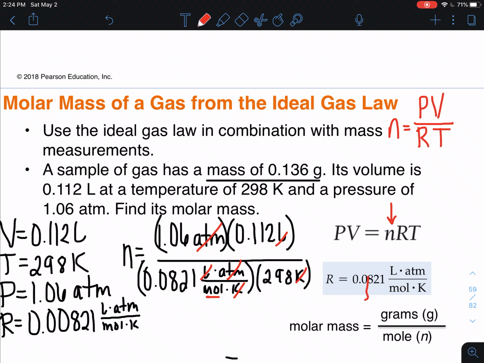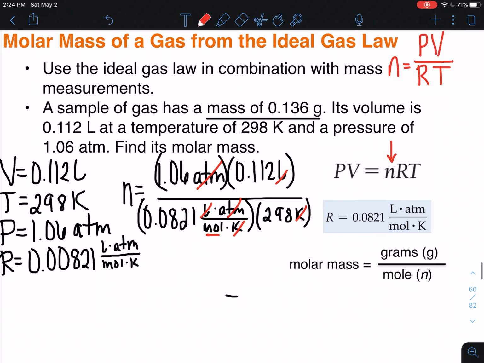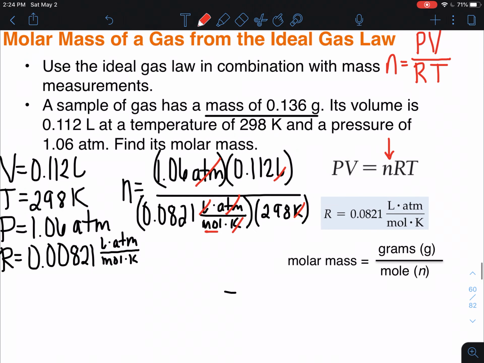And I'm going to plug this into my calculator. Again, we end up having 1.06 multiplied by 0.112 over 0.0821 multiplied by 298.